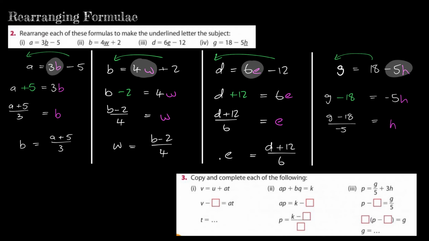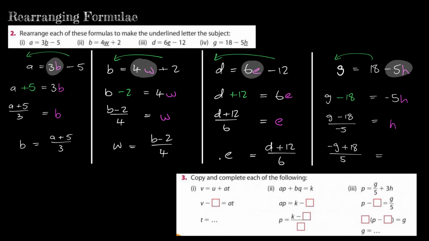What I do is multiply the top and the bottom by negative 1. So if I multiply the bottom by negative 1, I would get 5. But because I multiply the bottom by negative 1, I have to multiply the top by negative 1. So that will turn into plus 18 is equal to H.